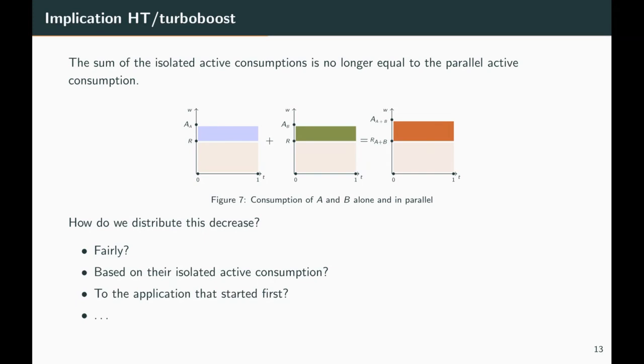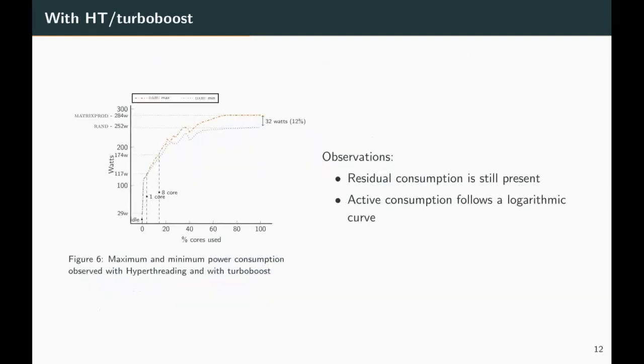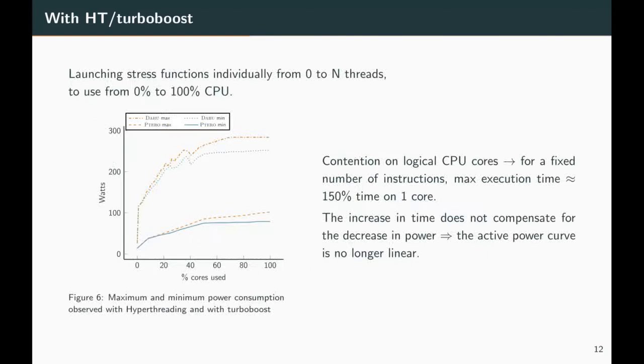It costs less to execute both applications at the same time than running one and then the other. That's why those mechanisms are interesting, because we want to consume less energy, but it makes the modeling of the energy consumption more complicated.